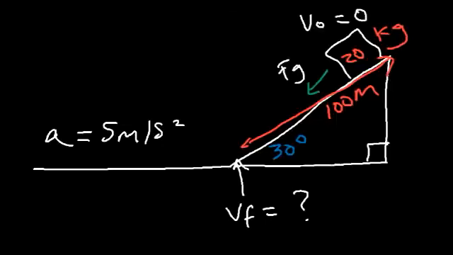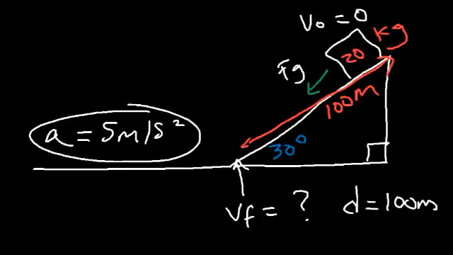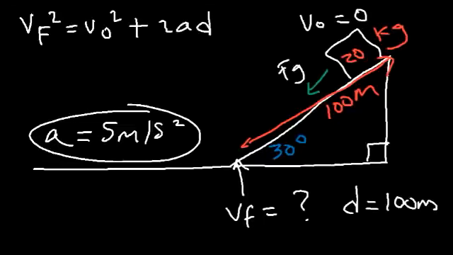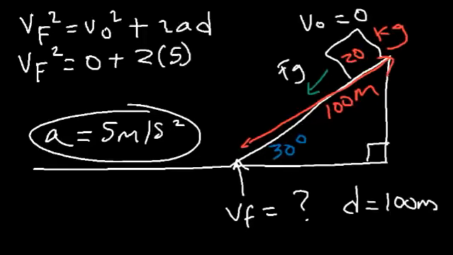We need a final speed. The distance that it travels down the incline is 100 meters. And we know the acceleration. The equation that we need is this equation. V final squared is equal to V initial squared plus 2AD. So we're looking for V final. V initial is 0. The acceleration is 5, and D is 100.